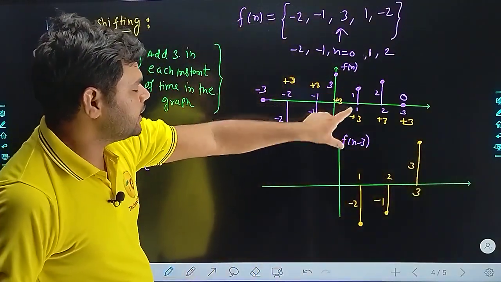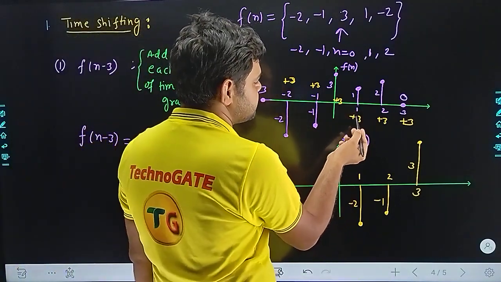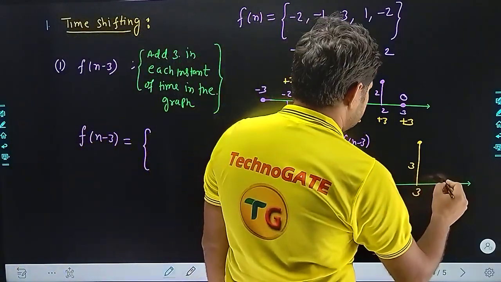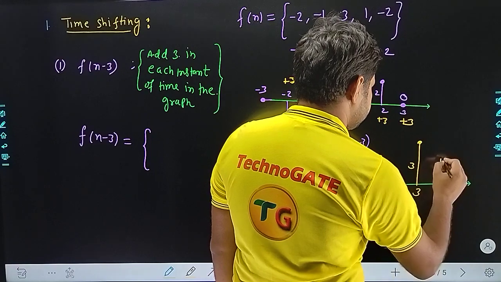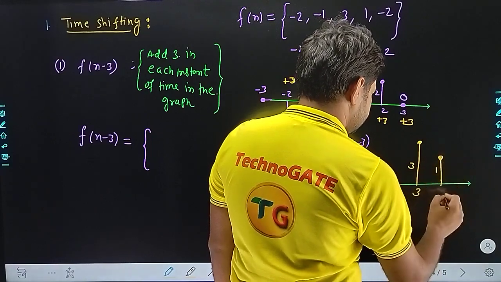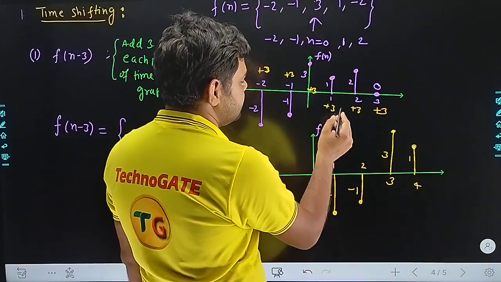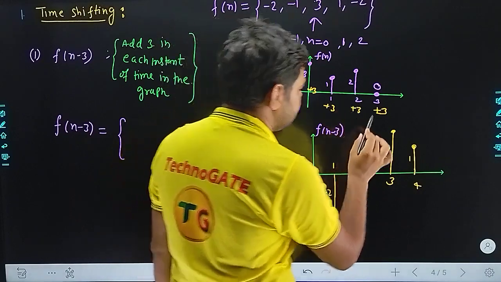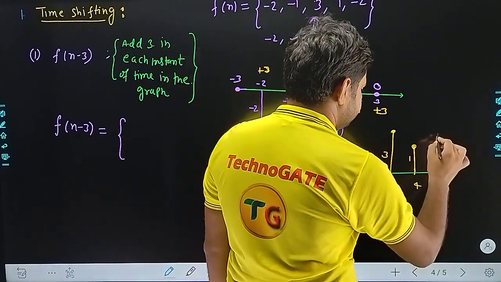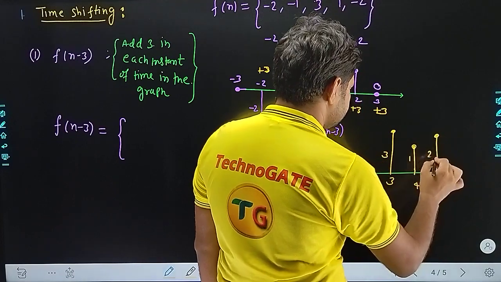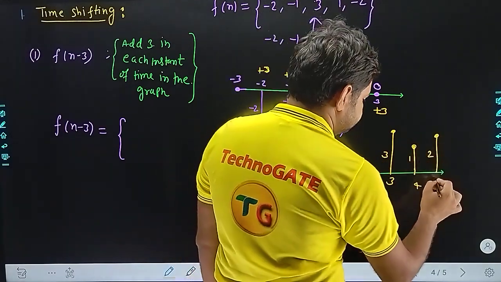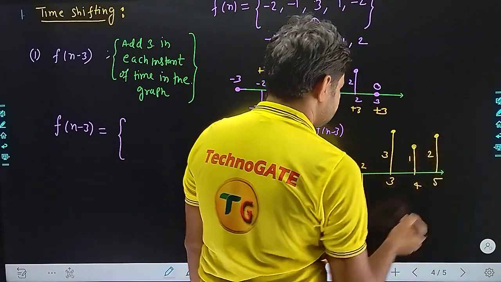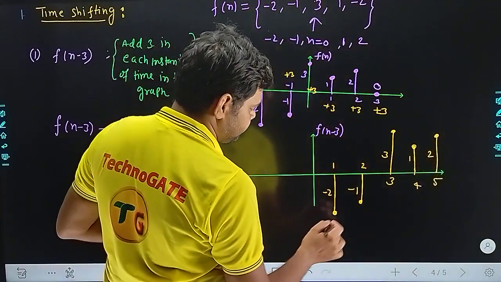And the sample present at 1 will reach at 4 with sample value 1. And the sample at 2 will reach at 5 with sample value 2. Okay, and all others are 0, of course, so we don't need to write them.